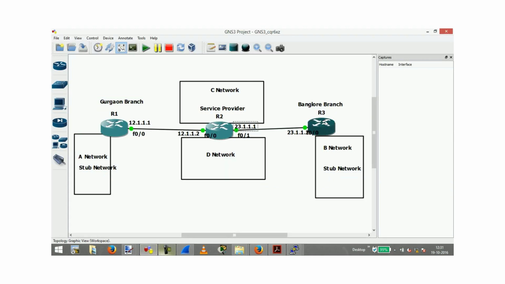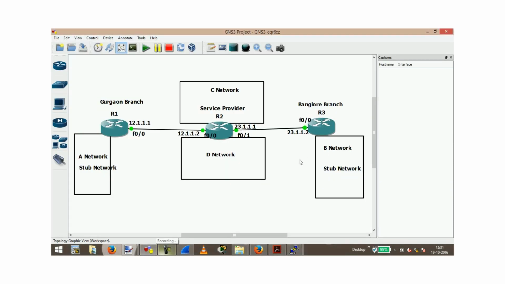And then finally on F0/0 of R3, we will configure 23.1.1.2.